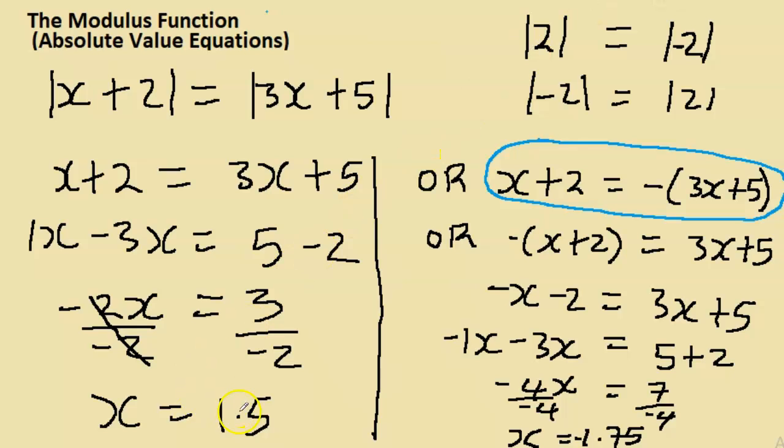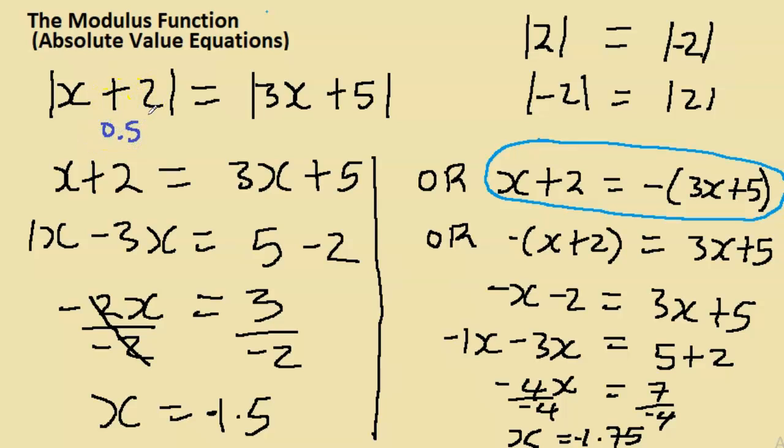So, I can try plugging negative 1.5 into this equation and see if the left hand side is the same as the right hand side. If we replace the x with negative 1.5, 3 divided by negative 2, that's negative 1.5. If I plug negative 1.5 into this equation here, what I'll have is negative 1.5 plus 2, which is 0.5.